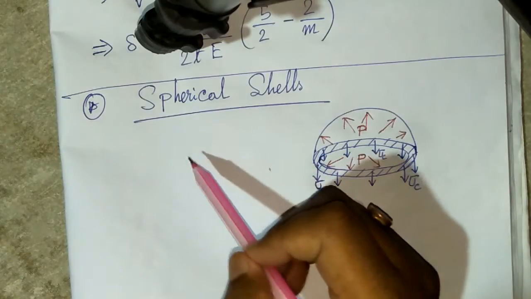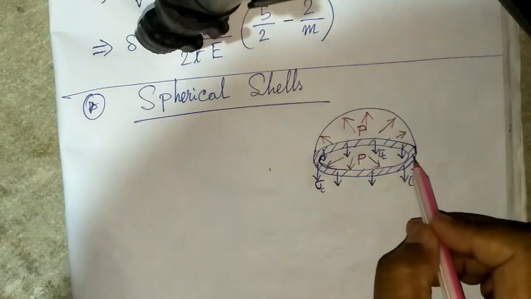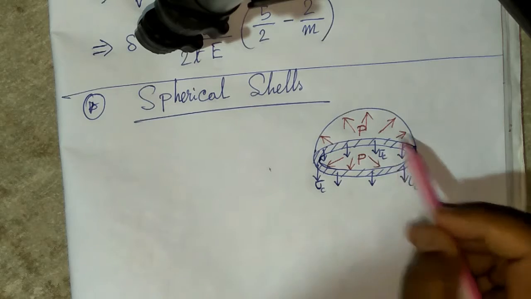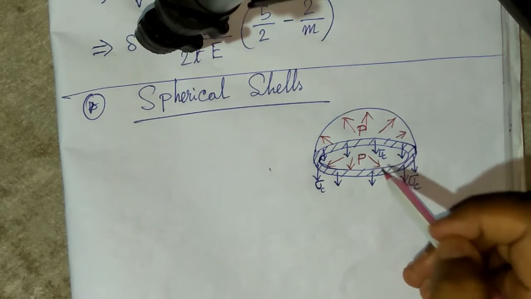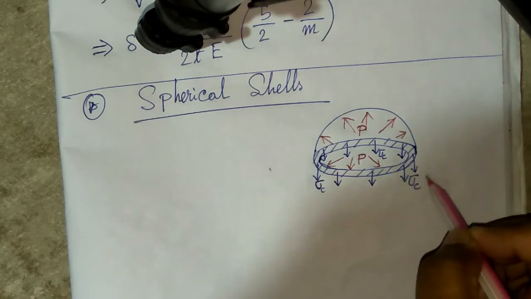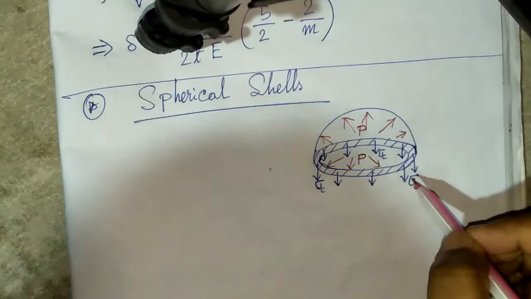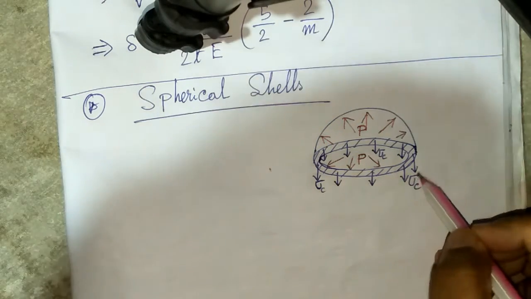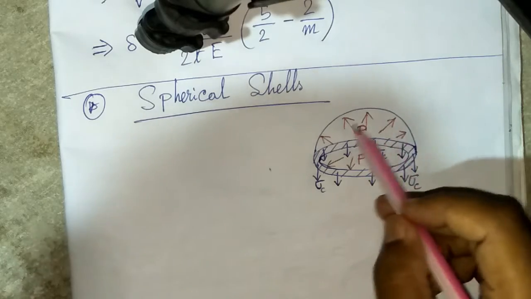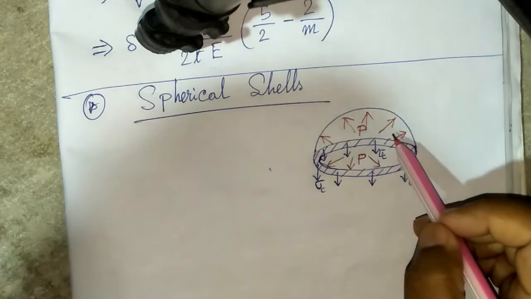Okay, so now the spherical shell, as you can see in this figure, the failure of a spherical shell is drawn here. The blue arrows are the direction of circumferential stress or hoop stress, and the red one is the direction of the pressure.